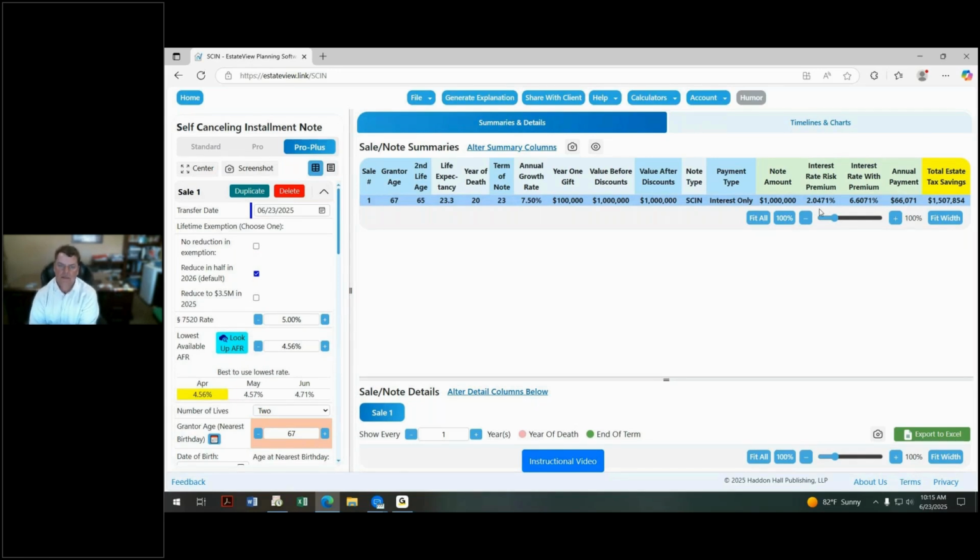So basically right here, what you're looking at is that we could have a 23-year note. So my wife and I could sell $3 million worth of assets to a grantor trust.